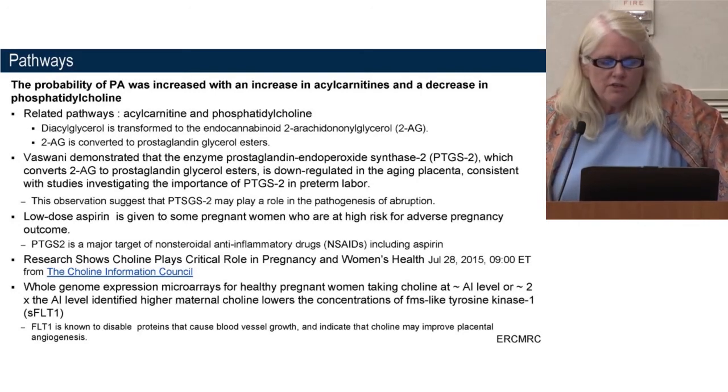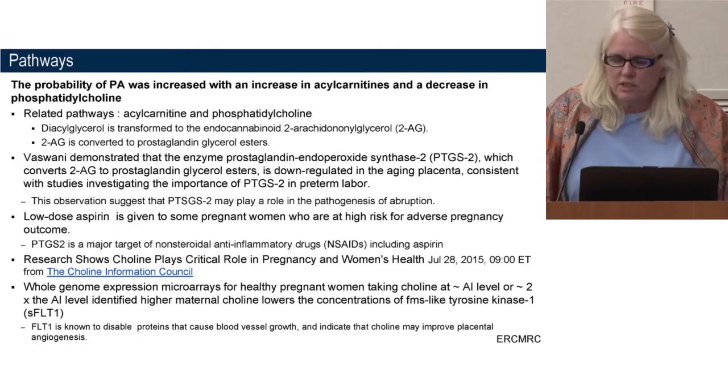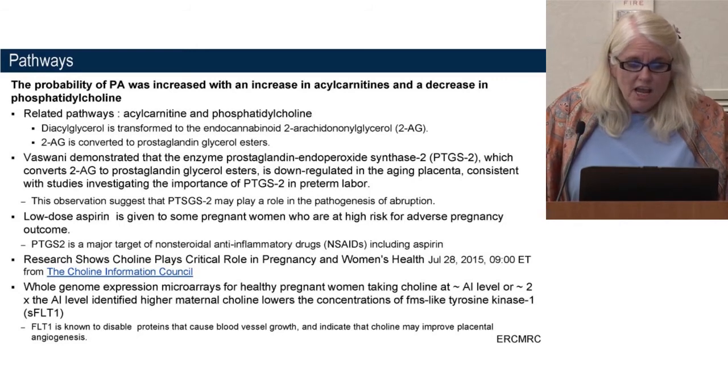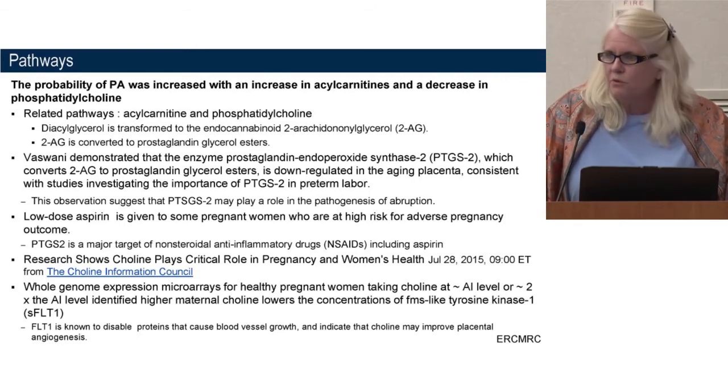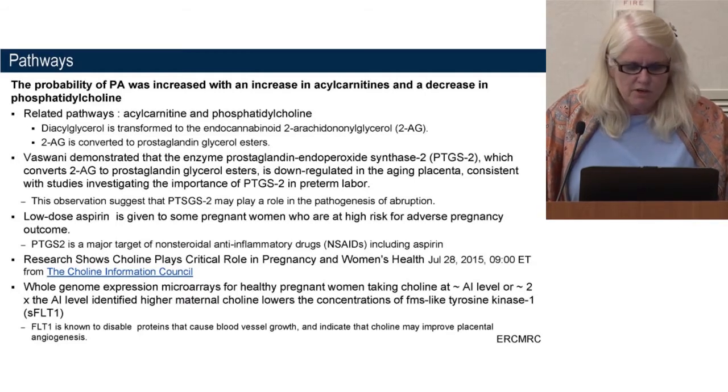We also know that low-dose aspirin is given to some women who are at high risk for adverse pregnancy complications. And PTGS2 is a major target of non-steroidal anti-inflammatory drugs, including aspirin. And we also know that choline plays a critical role in pregnancy and women's health, and there's lots of information that's been shown on that.